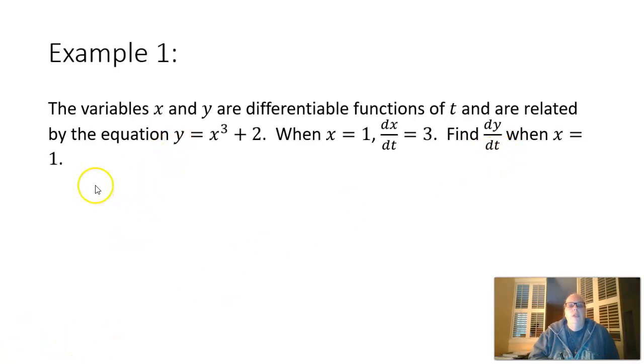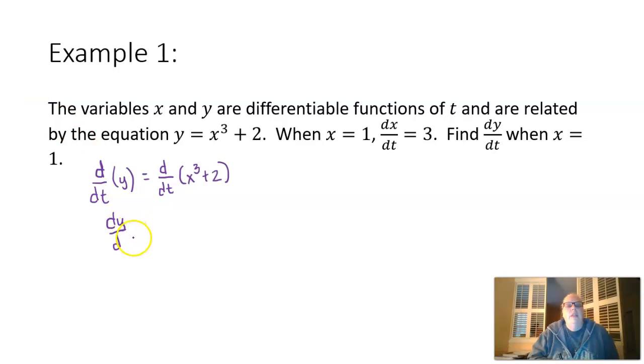Okay, so what we're going to do is take the derivative of both sides of this equation with respect to t. So we have d/dt of y is equal to d/dt of x to the third plus 2. Okay, now the derivative of y with respect to t, that's just dy/dt. There should be a dt there.